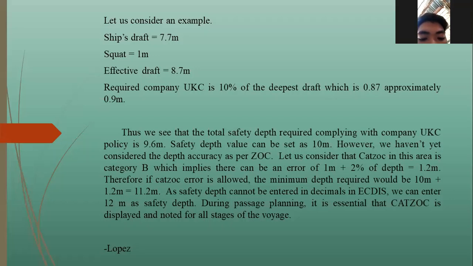Therefore, if ZOC error is allowed, the maximum depth required would be 10 meters plus 1.2 meters, which is 11.2 meters. A safety depth cannot be entered in decimals in ECDIS. We can enter 10 meters as safety depth.